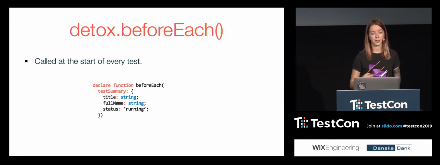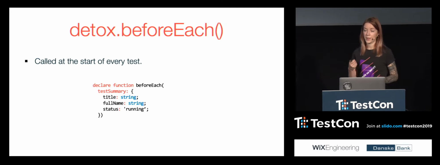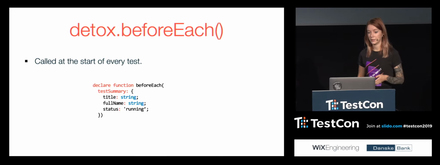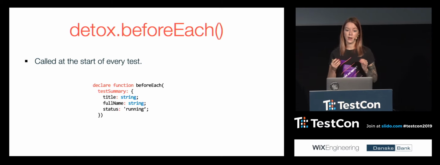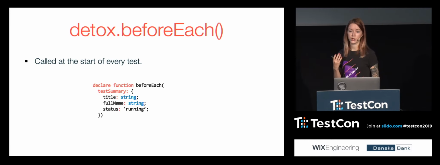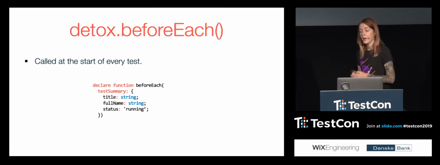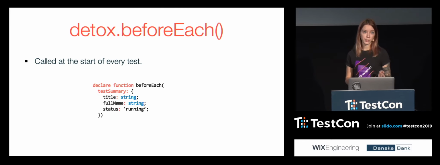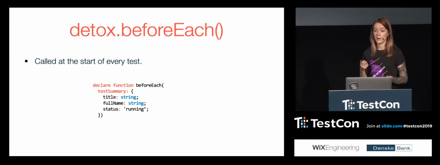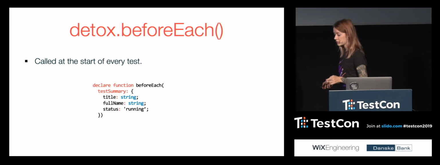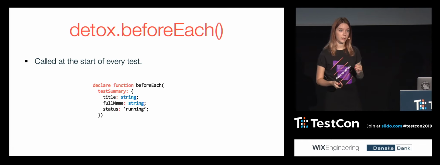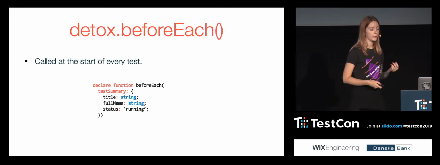detox.beforeEach is called at the start of every test, and this is where Detox tells that it needs to start logging network, start video recording, taking screenshots, and so on. This is not the only usage of beforeEach. We do not limit you in that. And it's important that in this step, if you have any skipped tests, it would attach a pending label to that very test.